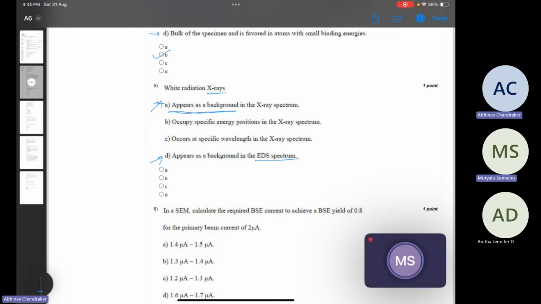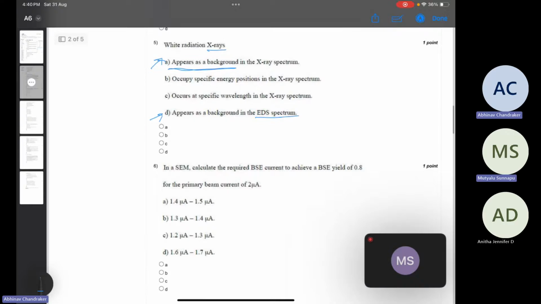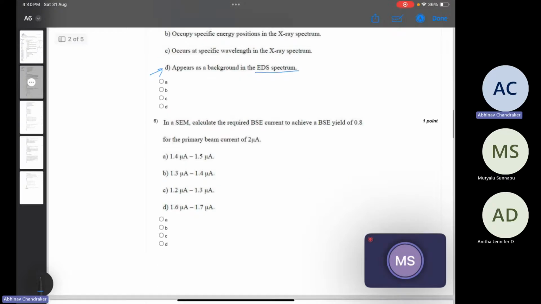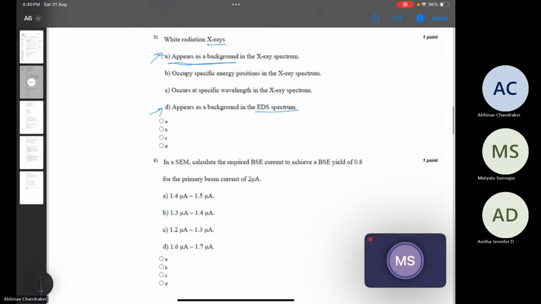It is a radiation of X-rays, but not a specific energy. That is a specific wavelength. So it might be EDS spectrum also. I'll confirm in the next session. What is EDS spectrum?